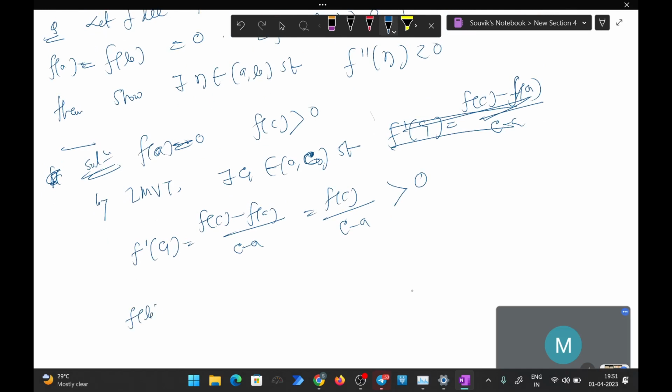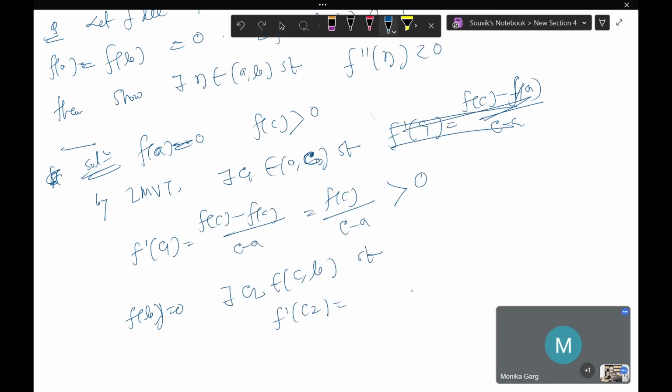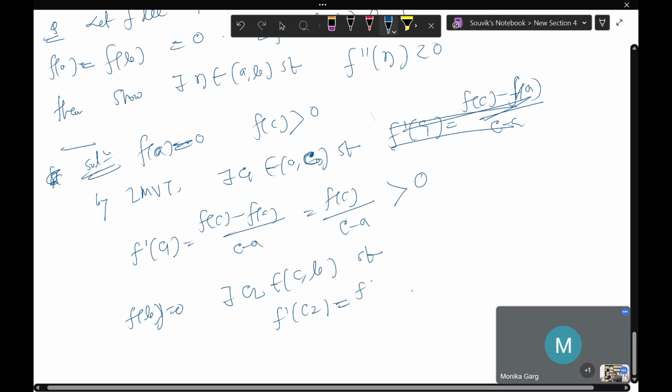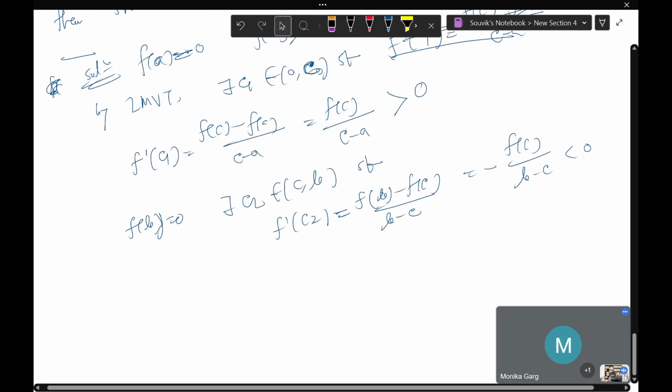So since f(b) is equal to 0, there exists c2 such that f'(c2) is nothing but equal to f(b) minus f(c) by b minus c. So this will be minus f(c) by b minus c, and so this is less than 0, right? Yes. Because f(c) is greater than 0.